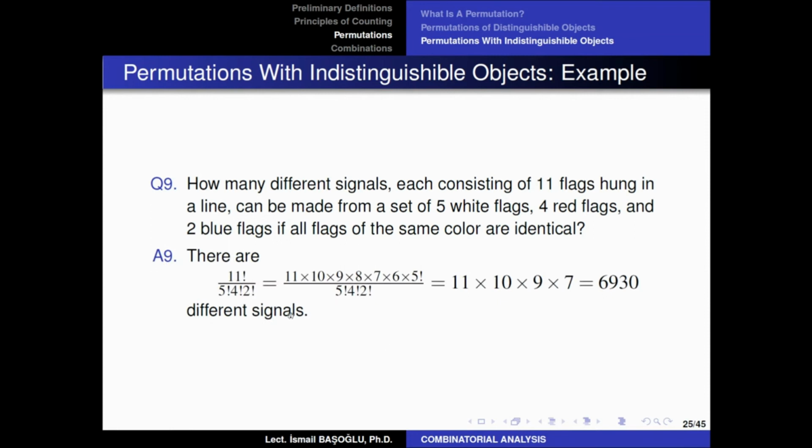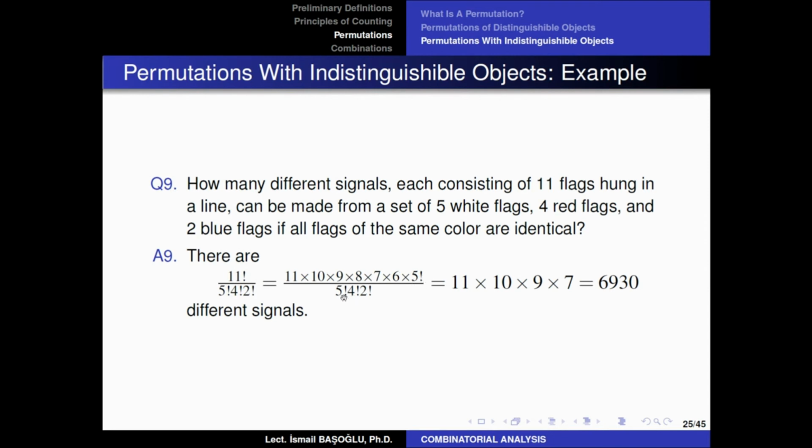Therefore the answer is going to be 11 factorial for all possible permutations if the flags were distinguishable from each other. However, I'm going to divide this value by the number of possible permutations among each type of flag: 5 factorial for the white flags, 4 factorial for the red flags, and 2 factorial for the blue flags. Again, 11 factorial would be expanded as 11 times 10 times 9 times 8 times 7 times 6 times 5 factorial.